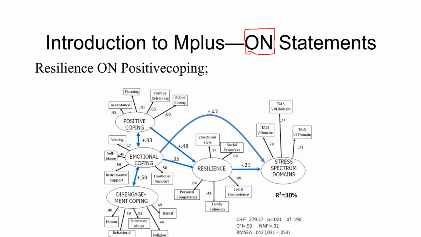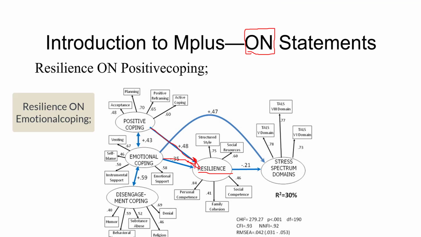ON statements are getting at regression. And this is the one that's the most confusing, because we have the arrow going the opposite direction. So resilience is regressed on positive coping. So it's not a mistake. Resilience is where the arrowhead goes, is regressed on positive coping. And same thing, resilience is regressed on emotional coping.